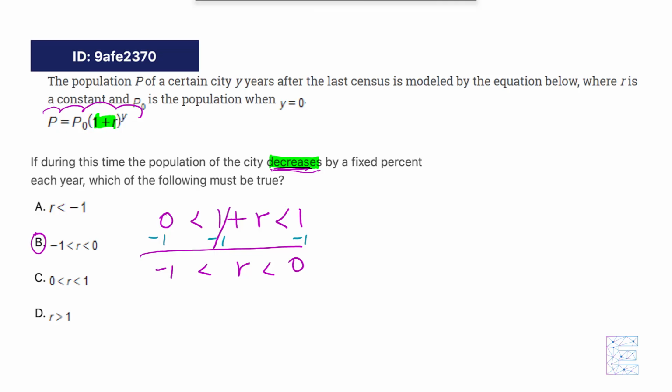I'm going to take a moment for those who may need to review a little bit more about exponential functions. I just want to remind you real quickly that exponential functions show up in 3 different forms on the SAT and the ACT. The first one is the graphical style, y equals a times b raised to the power of x.